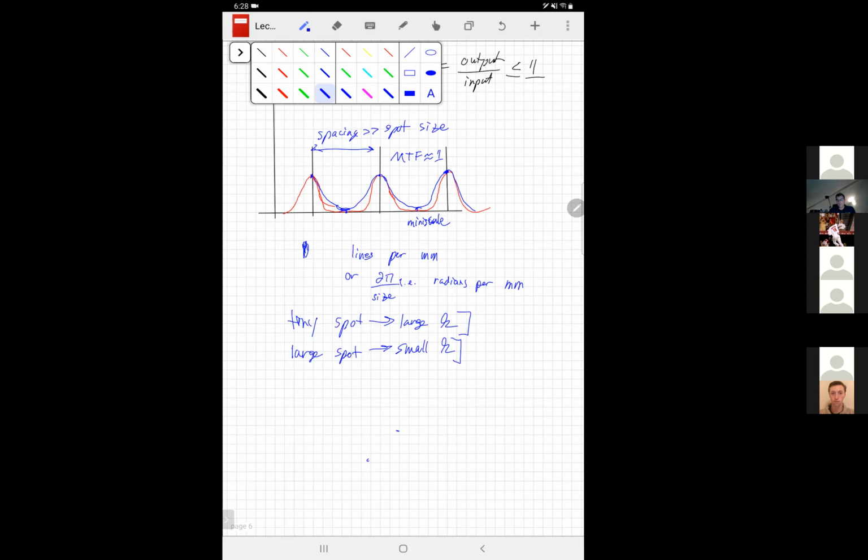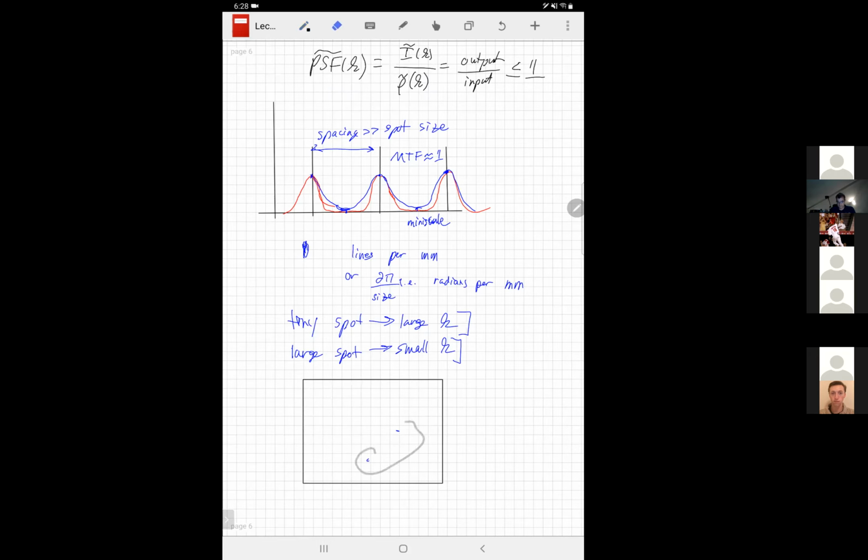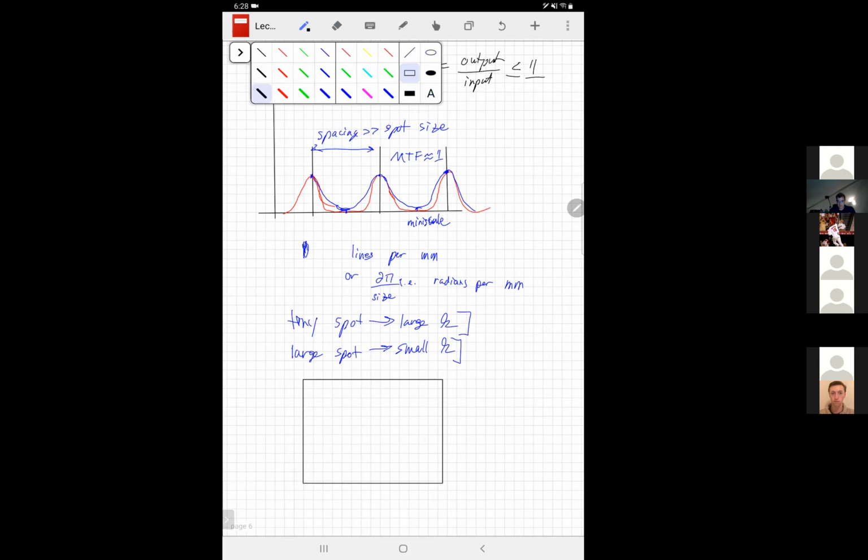Here's another reason why modulation transfer function is sometimes better to work with. If I measure a point spread function, well, I would have to take a point object, take a picture, and see how much it gets blurred out. Now, that was in the center of the field of view. If there's one thing we have learned from working with Zemax, it's that off-center objects in real lenses are rarely as good.